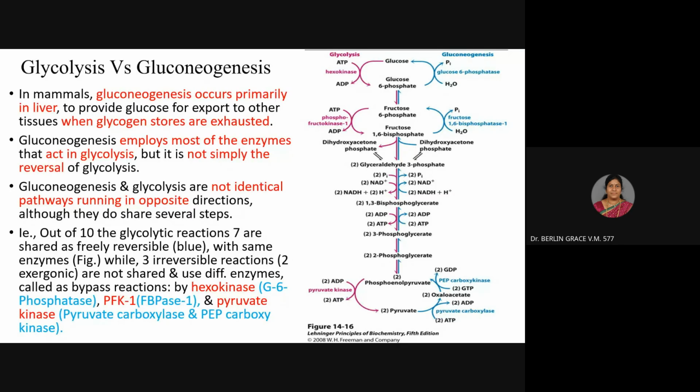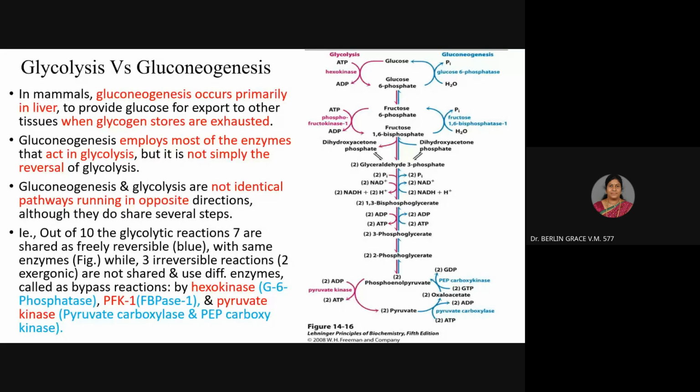Gluconeogenesis employs most of the enzymes that act in glycolysis, but not all. It is not simply the reversal; it is a separate pathway, but it shares the enzymes and metabolic pathway of glycolysis, as shown in the diagram. So they are not identical pathways running in opposite directions. That you should understand. Out of 10 glycolytic reactions, 7 are shared as freely reversible reactions.